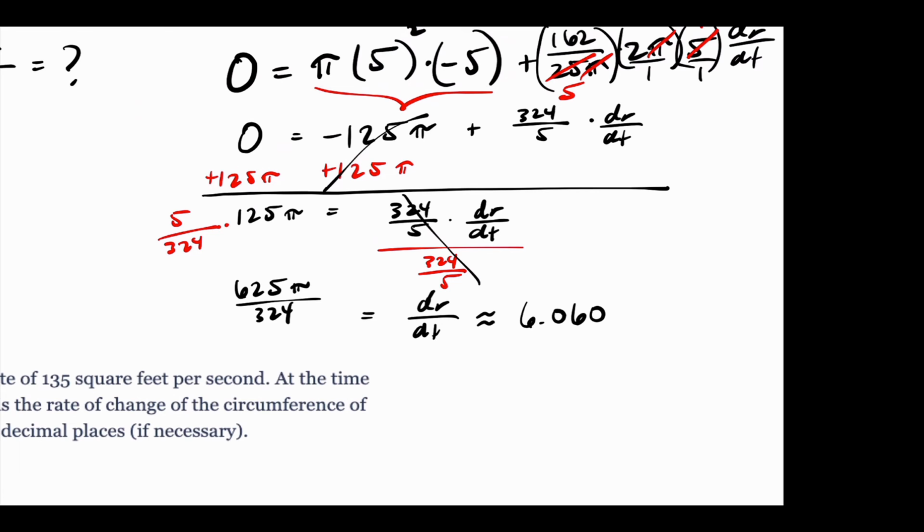What label will that get? Centimeters per second. It's a radius. Okay.